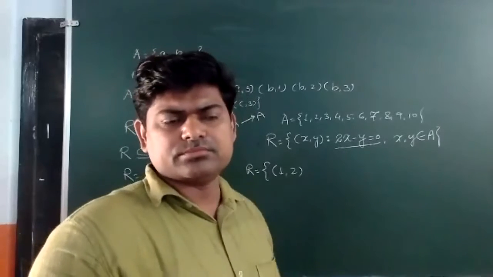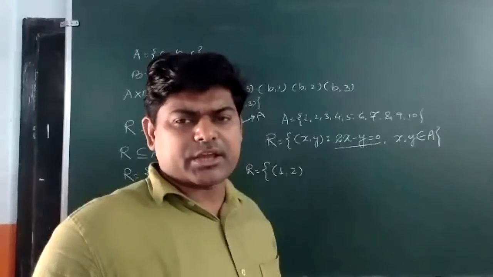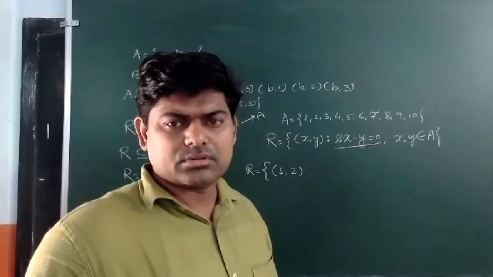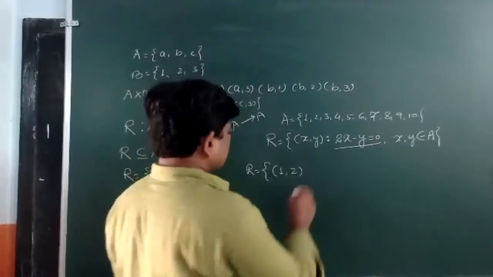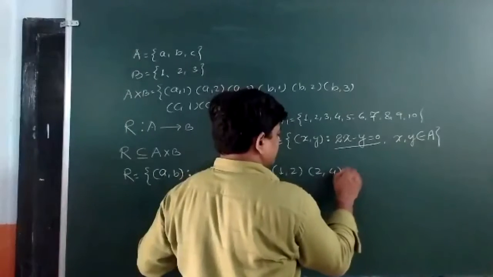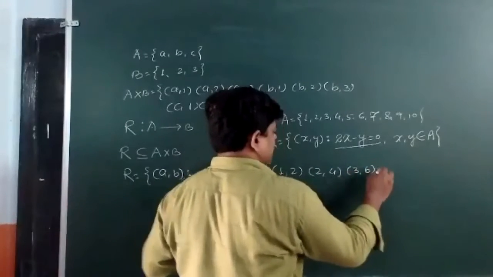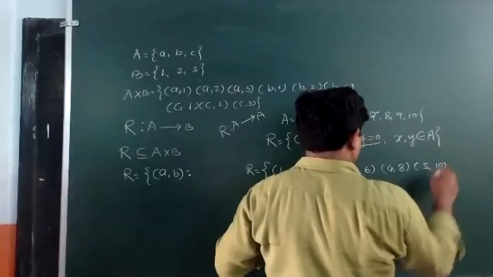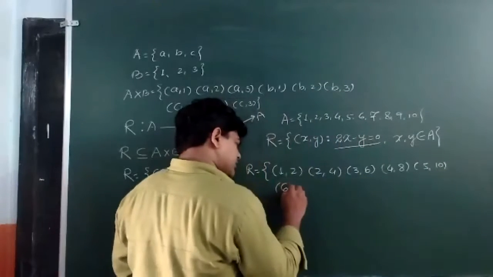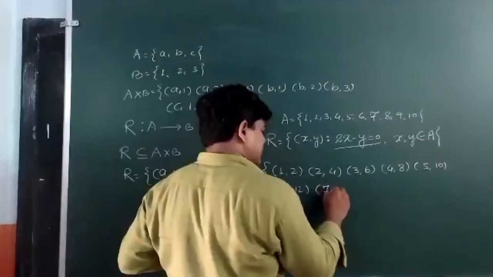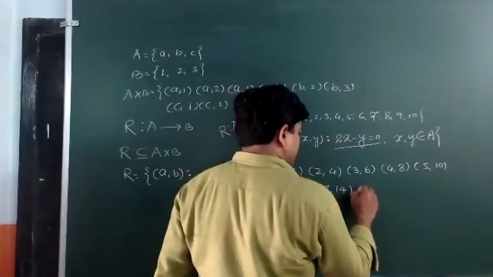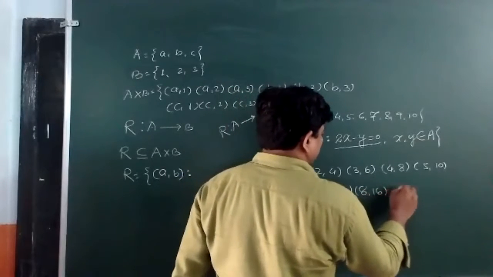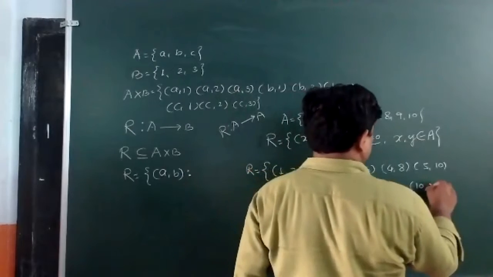Okay, there is no problem. If I take x is equal to 2, then y will be 4. Is it? Say yes or no. If x is 3, it is 6. If it is 4, it is 8. If it is 5, it is 10. If it is 6, it is 12. If I am writing 7, it is 14. If I am writing 8, it is how much? 16. And if I am writing 10, it is 20.